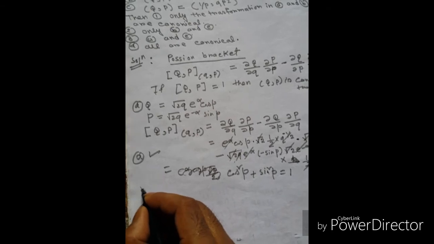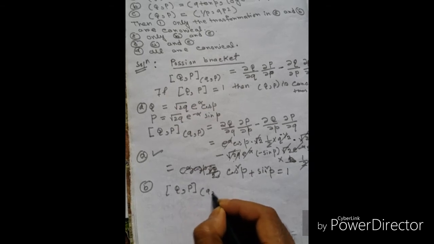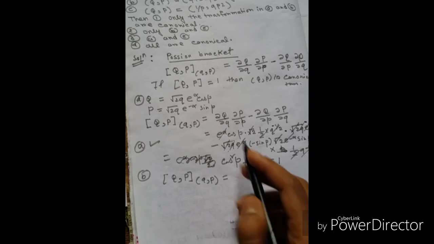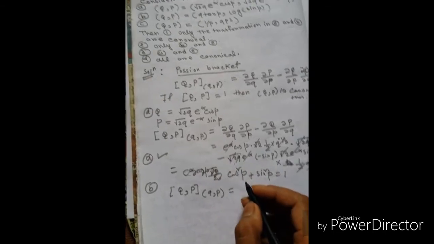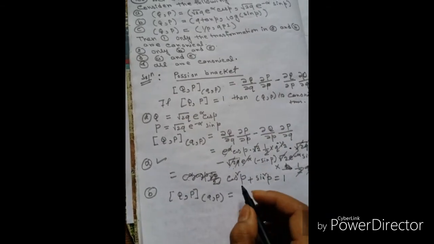Now check option B. So the Poisson bracket of Q, P with respect to q, p. So first del Q del q, where Q is log of sin p over q, and P is q tan p.